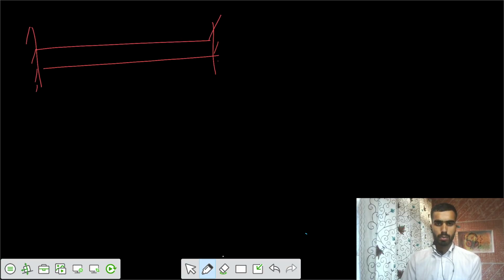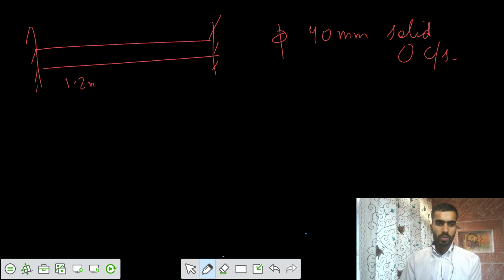Let's take another problem. You have this bar, the diameter of the bar is 40 millimeter, solid circular cross section, and at a distance of 1.2 from one of the sides, I would install a bracket.